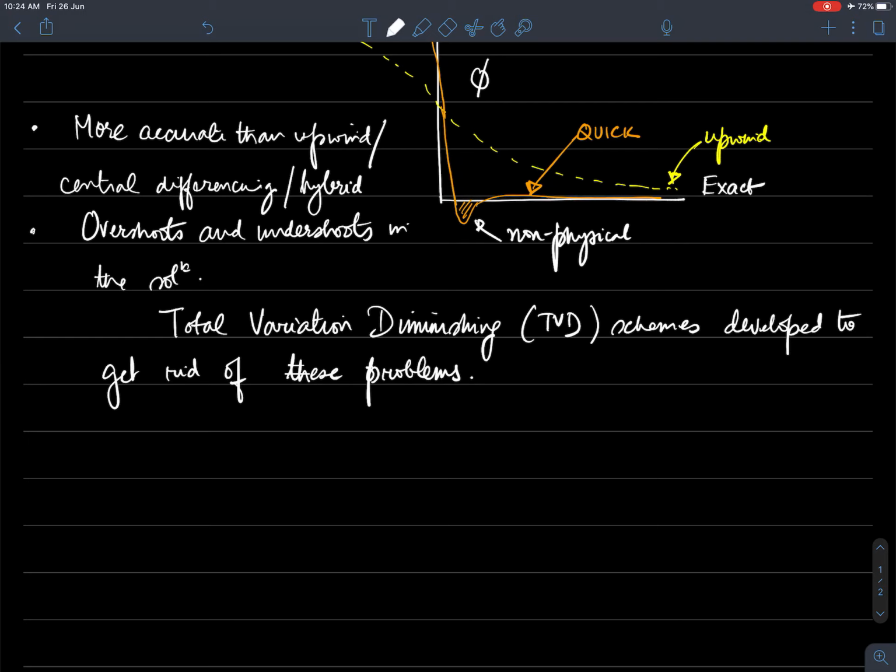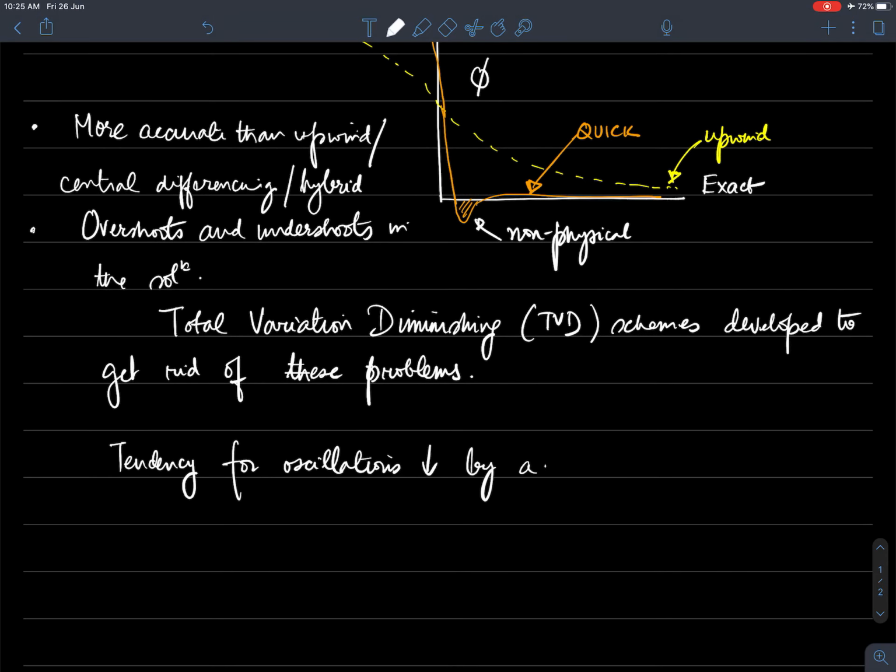The key concept here is that we have to suppress this tendency for these overshoots and undershoots, these oscillations. So the tendency for oscillations is suppressed or reduced by adding a weighting or a weight function towards the upstream contribution.